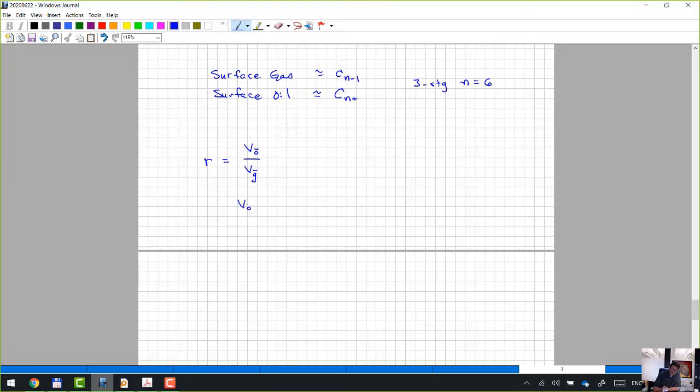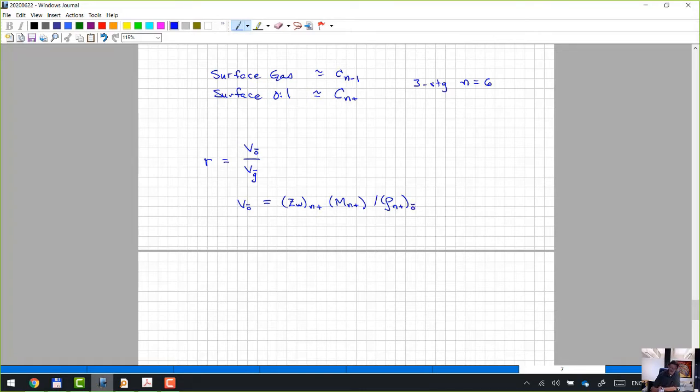where the volume of surface oil is basically equal to, now we've got the incoming well stream molar composition of the N plus components times the molecular weight of the N plus components divided by the density as a surface oil, if you will.